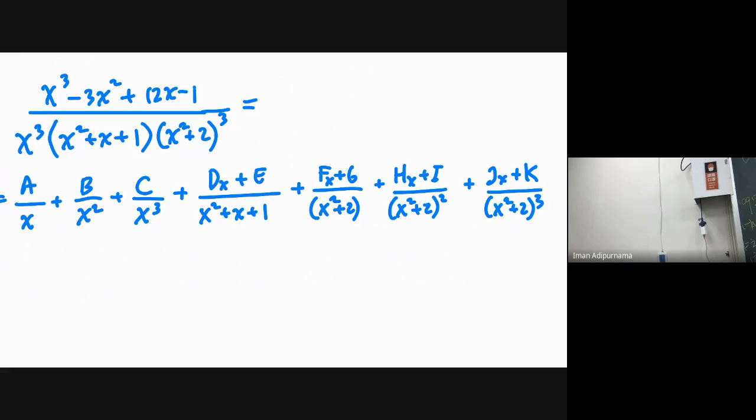This is just to help you understand how many constants we can write from these equations. Not necessarily to solve this, but at least you understand how to separate each fraction. Okay, any questions?